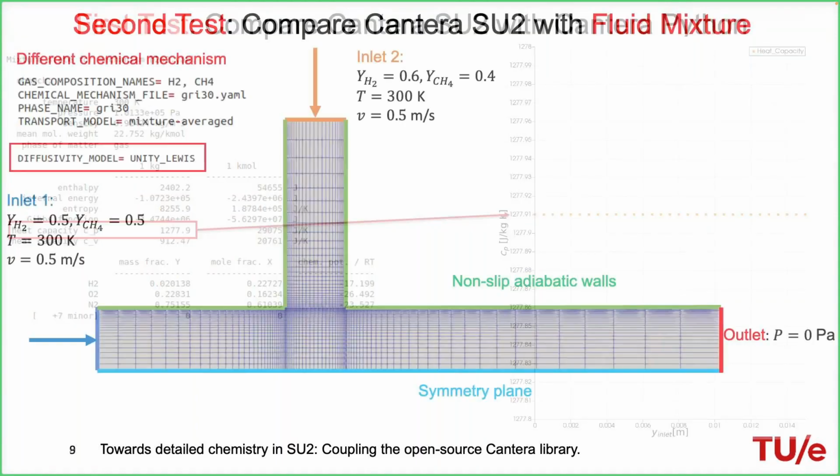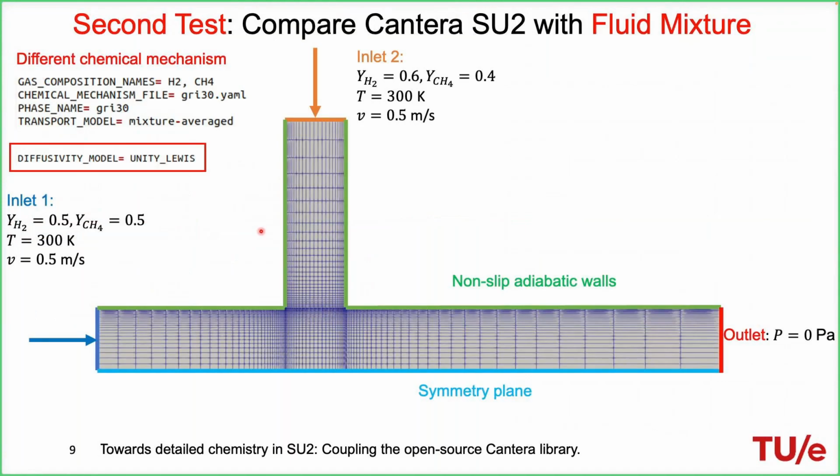Now, we want to check how the Cantera model works with the already implemented fluid mixture model in SU2. In order to do that, we are going to change the chemical mechanism to check that we are able to read another chemical mechanism. This one is the GRI 3.0.